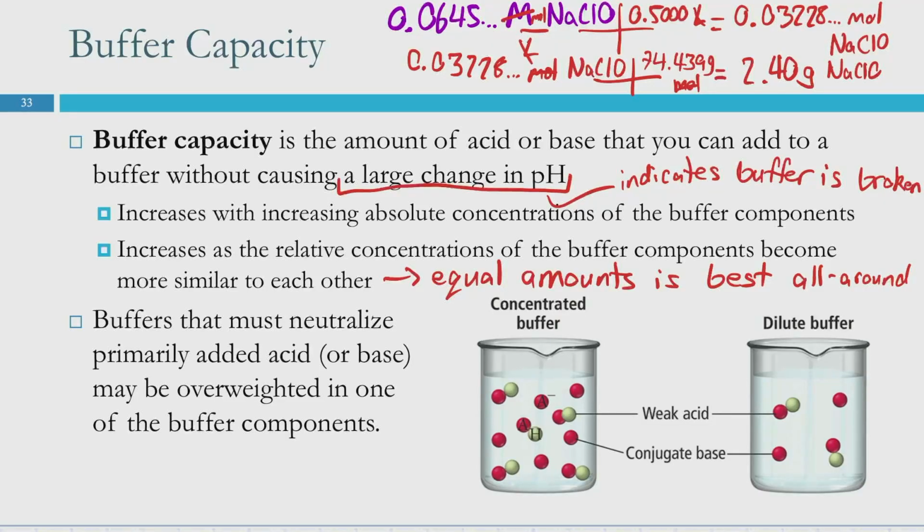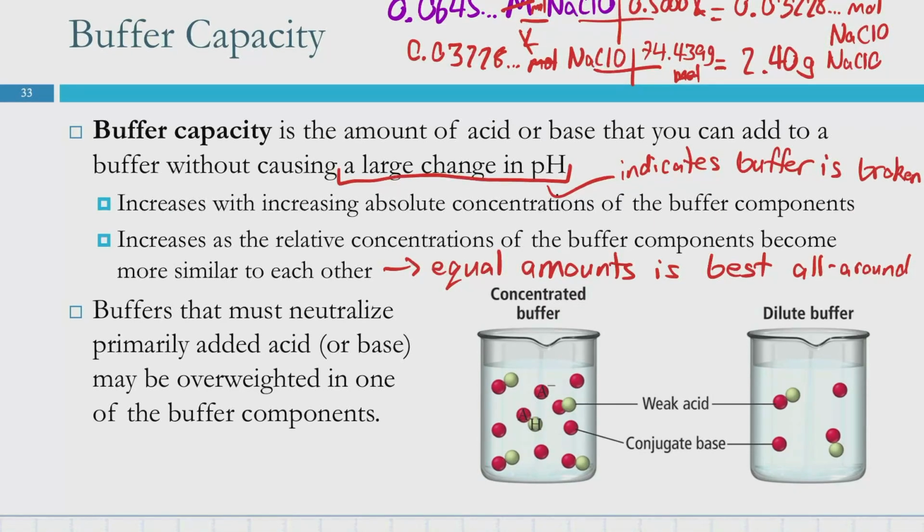If we know that our buffer is going to primarily neutralize added acid or base, we can bump up the base or acid component of our buffer. And that will increase our ability to buffer out that acid or base.